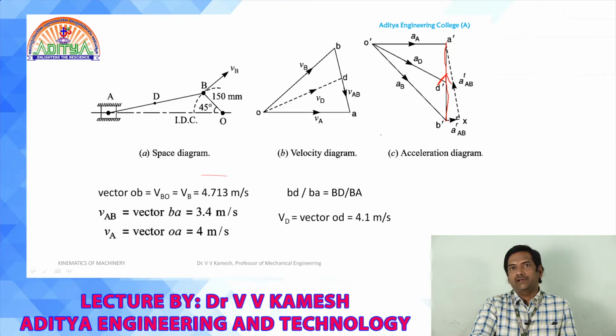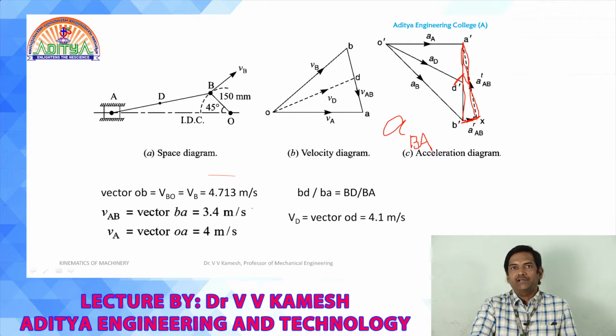This B dash A dash is indicating the acceleration of BA in a true perspective. That means it is the resultant of this radial component B dash x and the tangential component x A dash. So, B dash A dash will be the acceleration of the component AB.